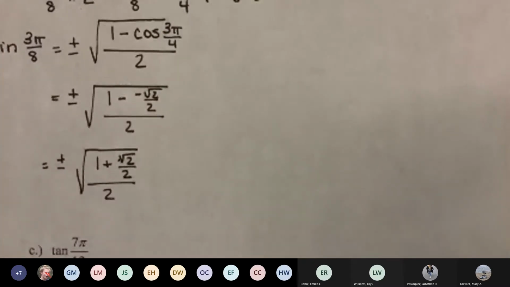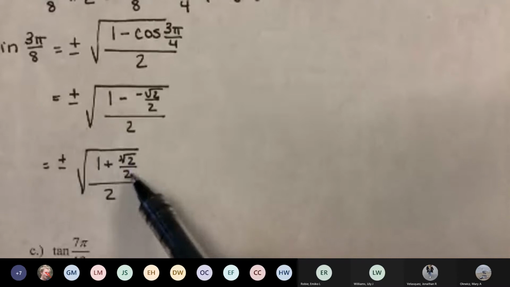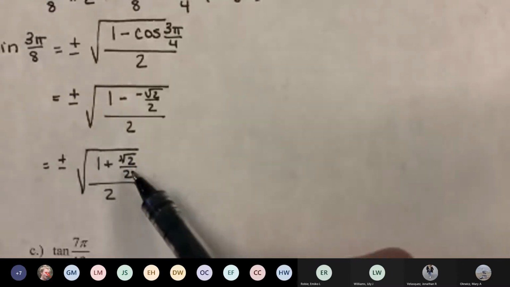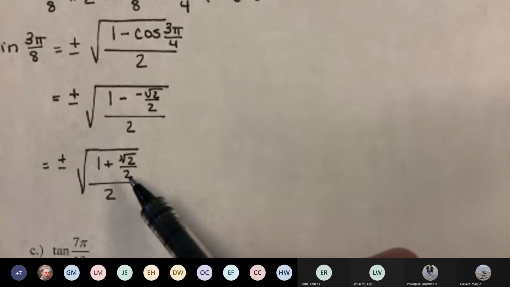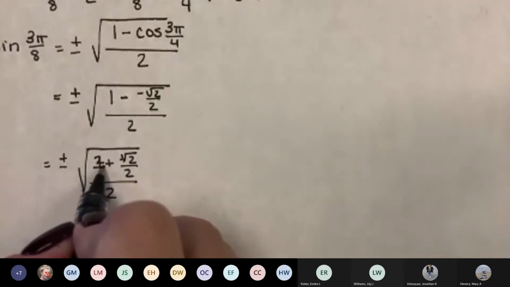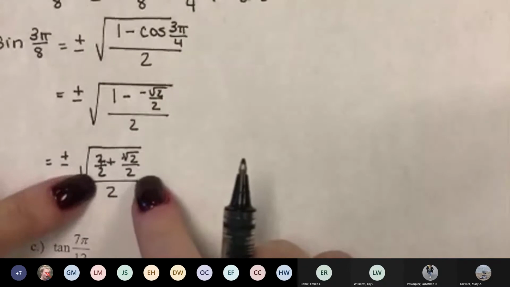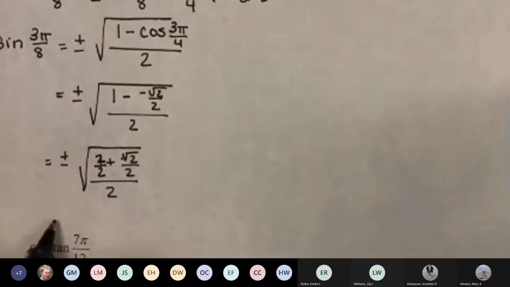Okay, now when we're on the front side, we had a nice rational number there, okay? It didn't say square root of anything, and we could put that in our calculator. If we put this in our calculator, we will end up with basically just number garbage coming out. So we really need to do this by hand. So I'm going to rewrite that 1 as 2 over 2, so those fractions have the same denominator.